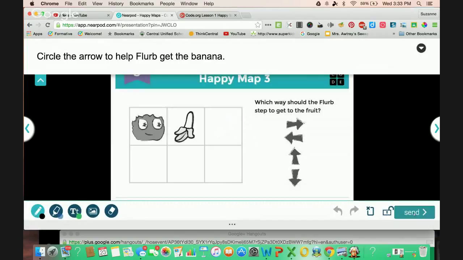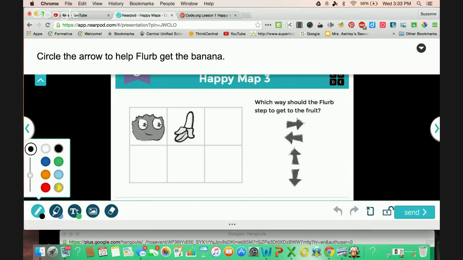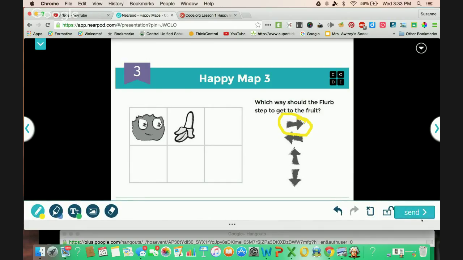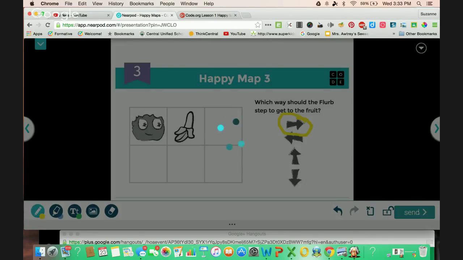That's how you turn in your work to me on Nearpod. Next, Flurb is to the left of the banana, and so I'm going to select my yellow marker to choose the right arrow to make Flurb go to the right. Don't forget to press send.